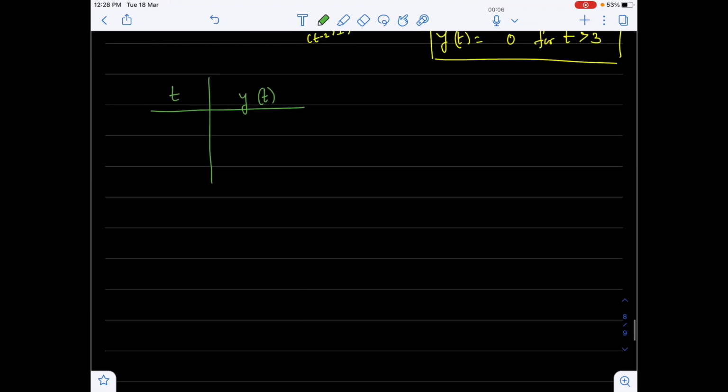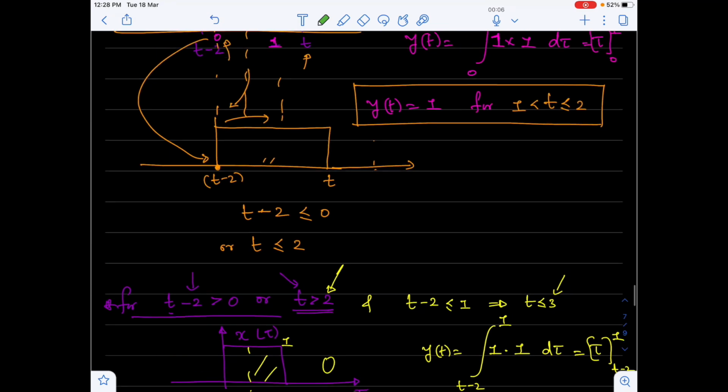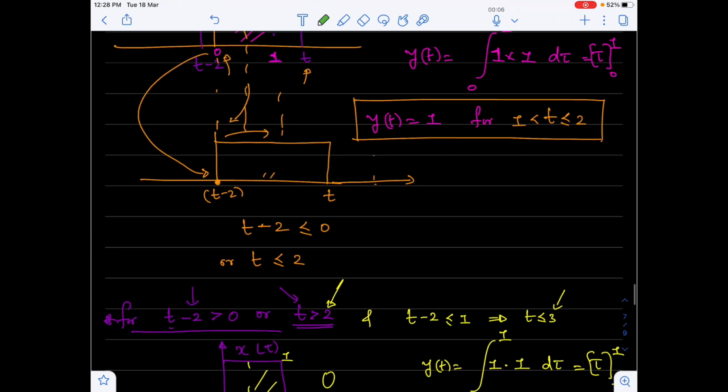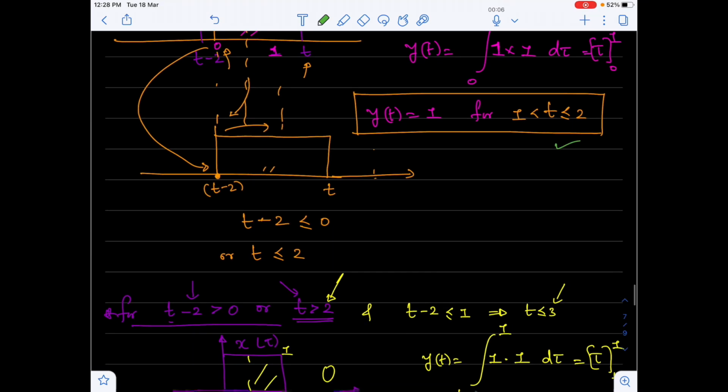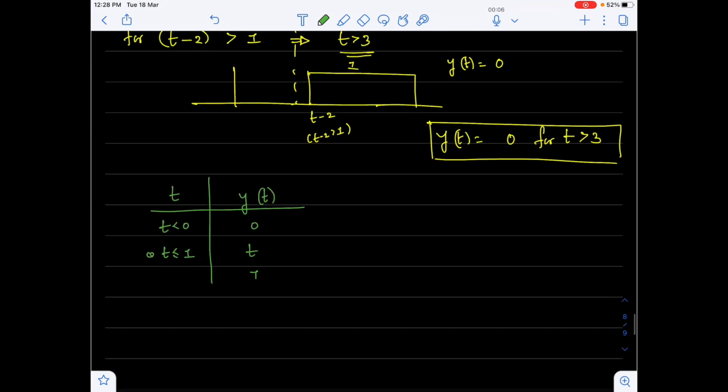So for t less than 0, the output is equal to 0. When t is between 0 and 1, the output is t. Then between 1 and 2, the output is 1. So the output is 1 between 1 and 2.